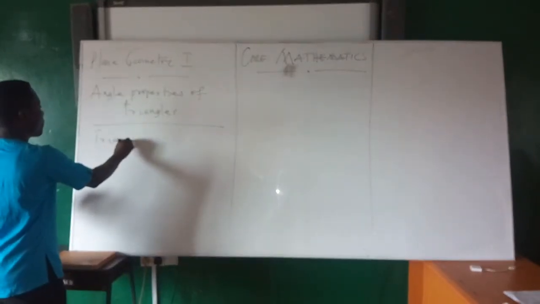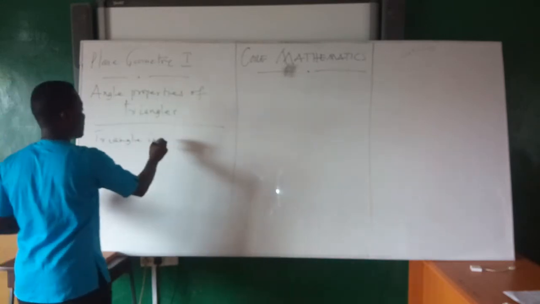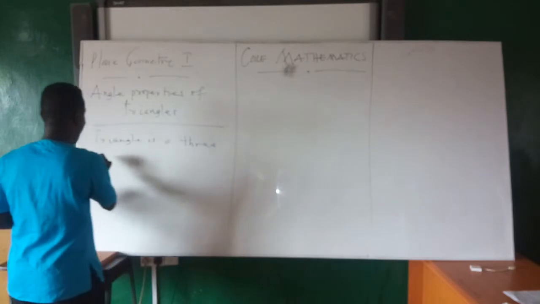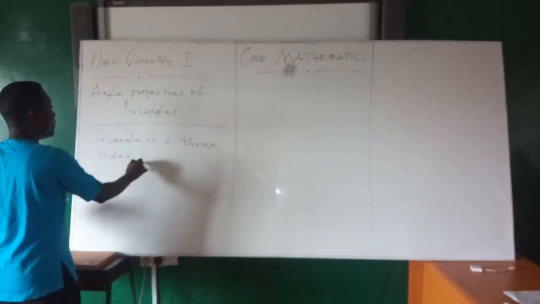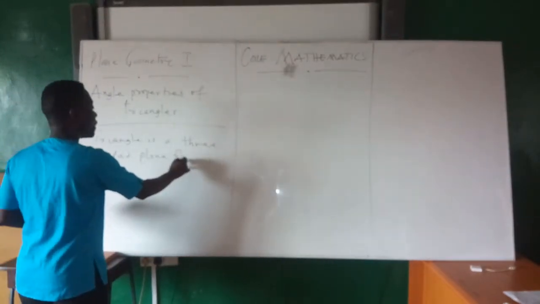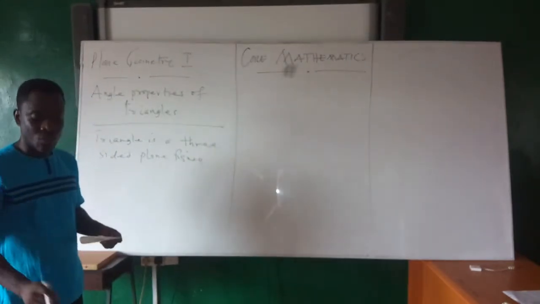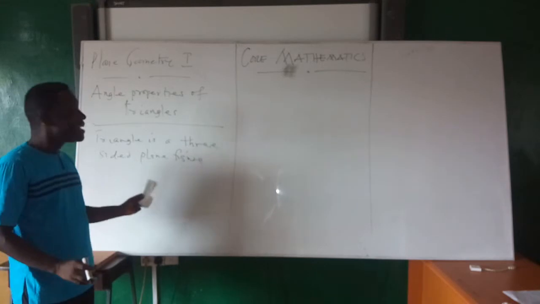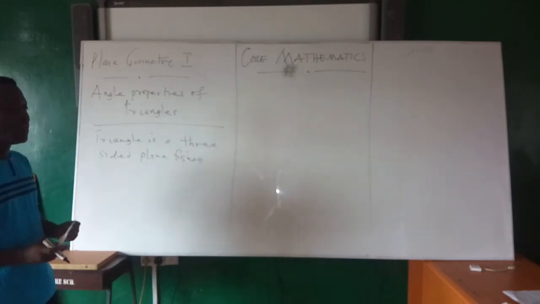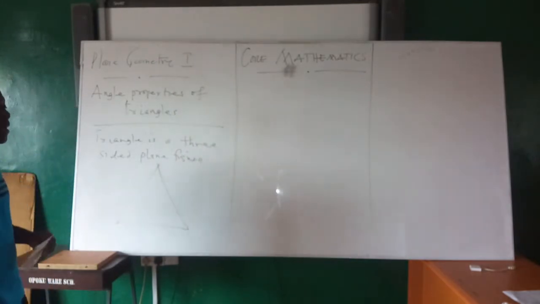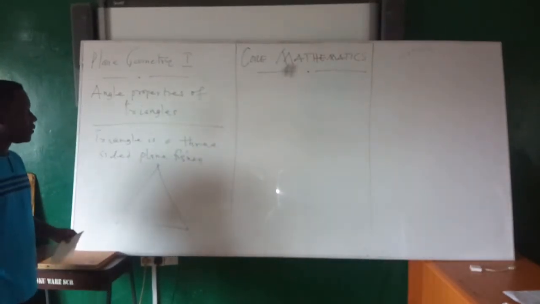So that is a triangle. As I said, I'm looking at the angle properties of a triangle. So any three-sided plane figure is a triangle.